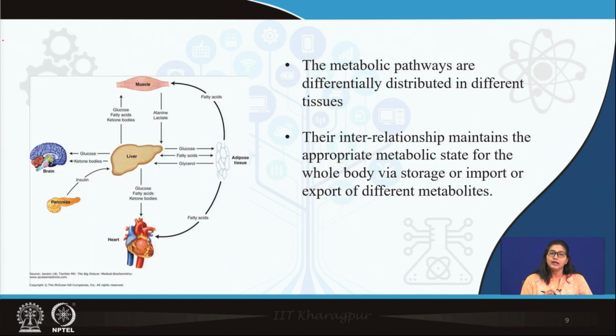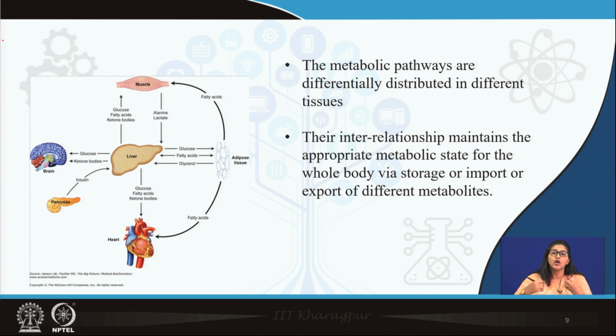Now, this flow of biomolecules can occur at tissue level. So, this exchange of biomolecules, metabolite flow or exchange of metabolic pathway can occur at tissue level or organ level. Here you can see that liver is the central organ actually.